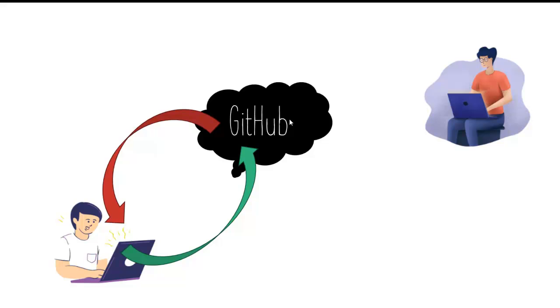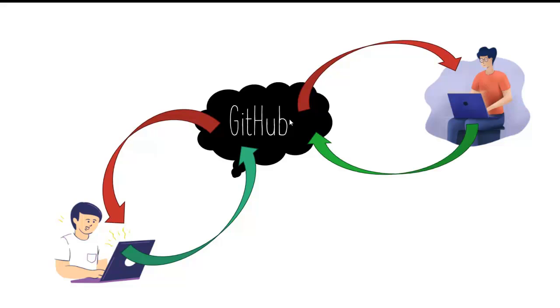After that, your friend will pull the latest code from GitHub, add their own feature and push the changes back to GitHub. And this process goes on until the software is fully developed. So every time someone pushes or pulls, Git tracks the changes, making collaboration smooth and organized.